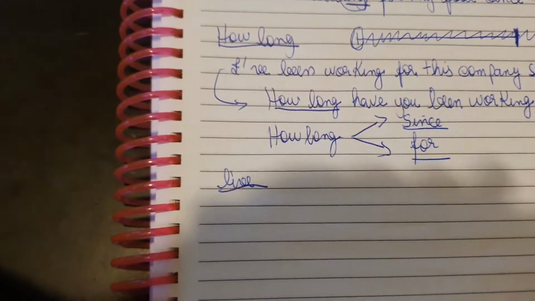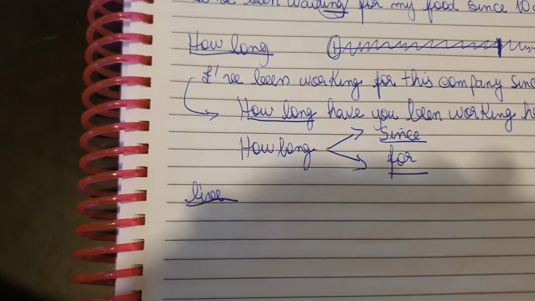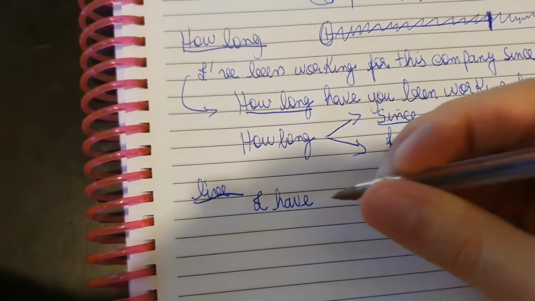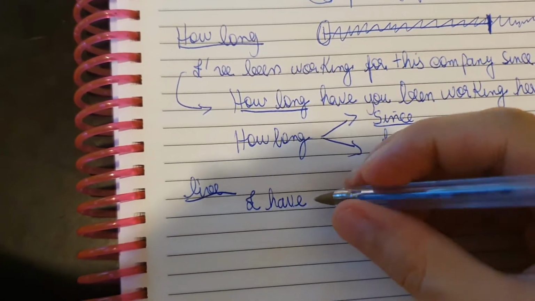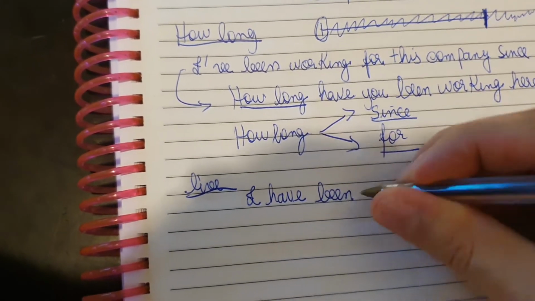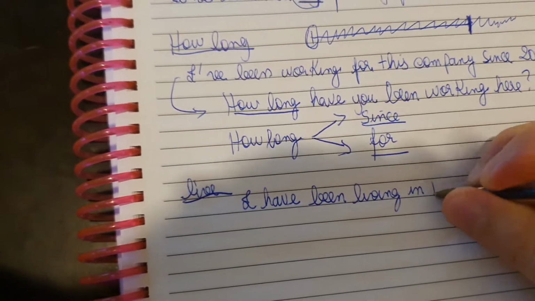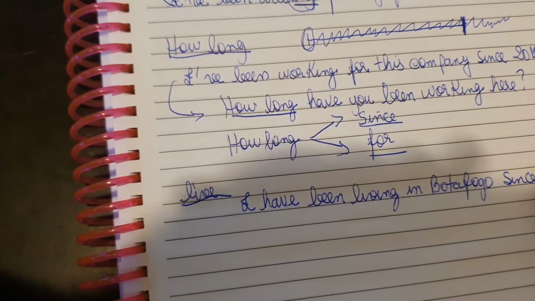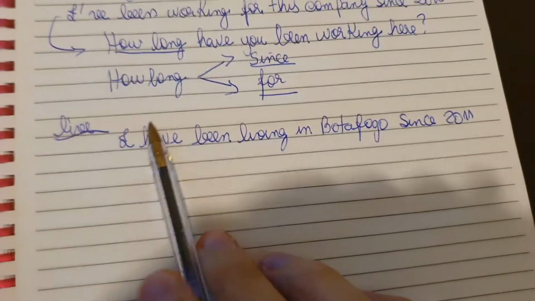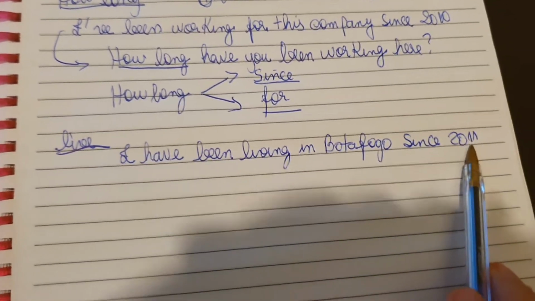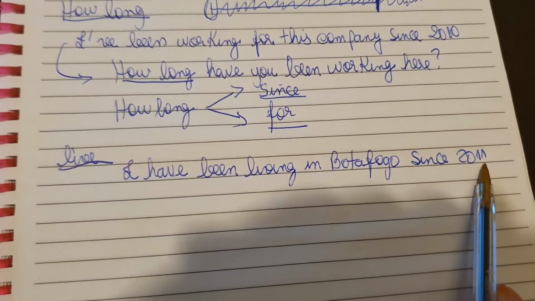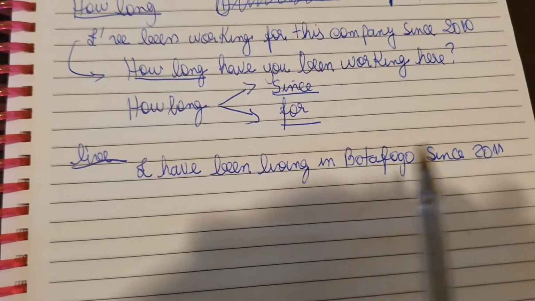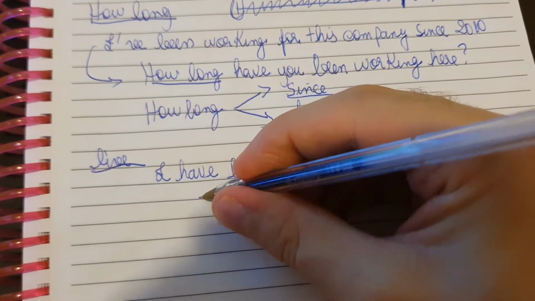You can use the present continuous tense, or, well, I can say the present perfect, okay? I have been living in Botafogo since 2011, right? In my case, I have been living in Botafogo since 2011. I use the present perfect continuous, but I can also use the present perfect.